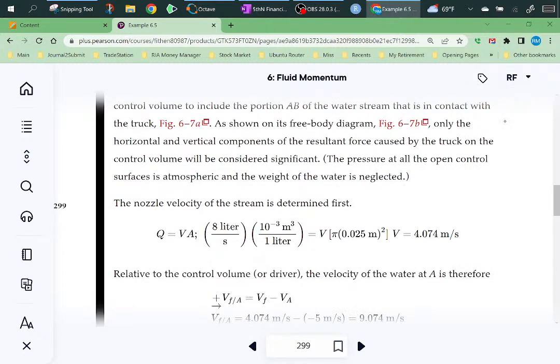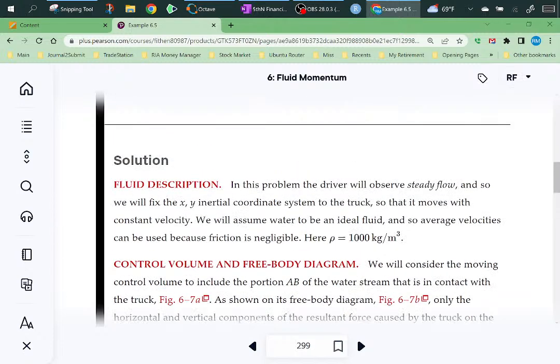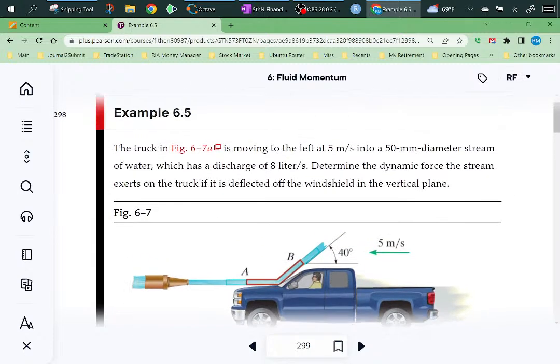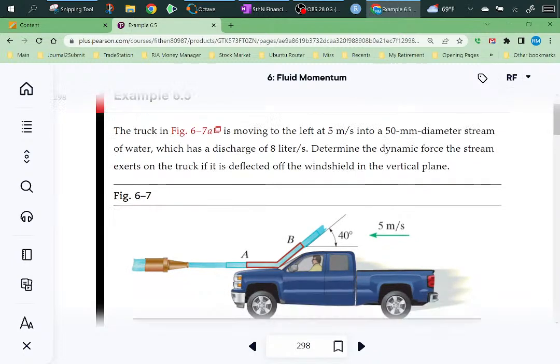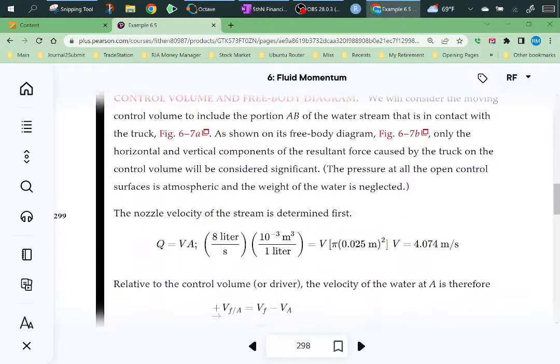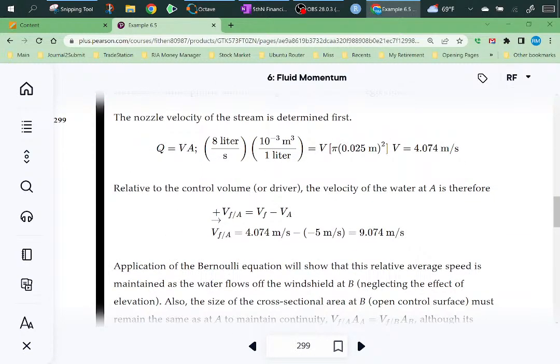He figures out his Q. And then he says the velocity of the fluid relative to A. Now, A is, I'm pretty sure, the control volume there. So it's shooting in at a weird number, 4.074 meters per second, shooting out of the stream.